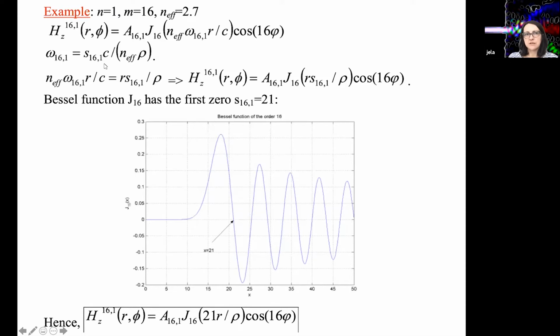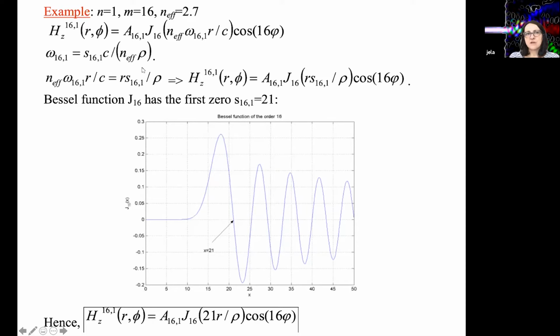This is what we had derived from the boundary conditions, from the fact that this field here has to exactly drop off to 0 at the boundary of the disk, which is radius equal to rho, right? So for the 16.1 mode, you pick the first 0 of the Bessel function J16, okay? That's S16.1.